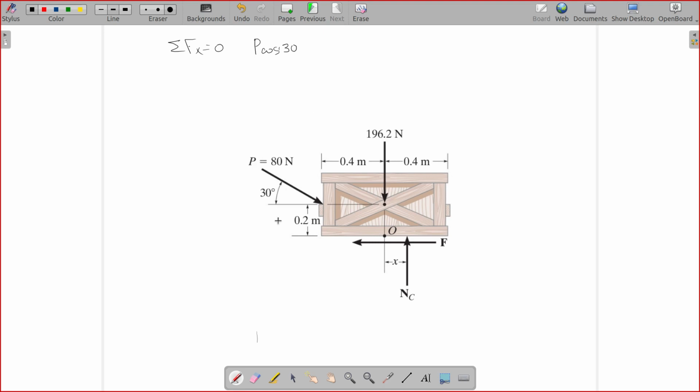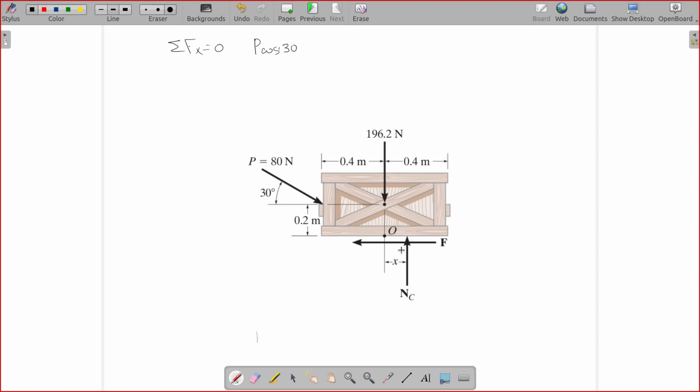P cos 30 will be the component in horizontal direction. Will I give it positive or negative sign? It is towards right, hence positive sign. And from 196.2, do we have something? No, 196.2 is completely vertical and you don't have any horizontal component. Similarly, NC is also completely vertical, you don't have any horizontal component.